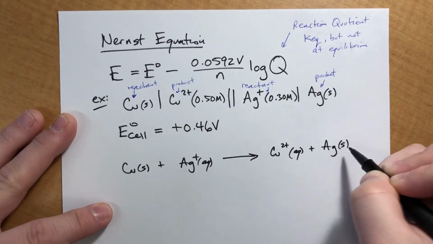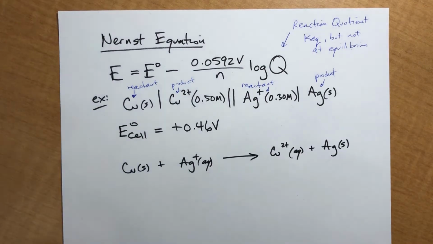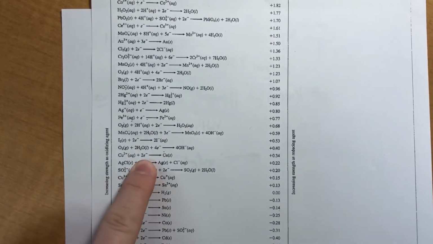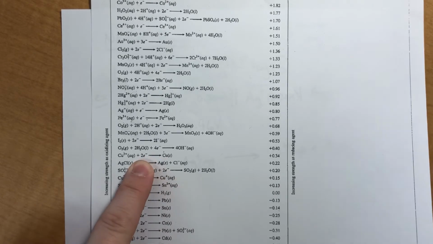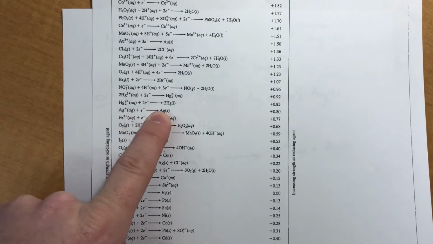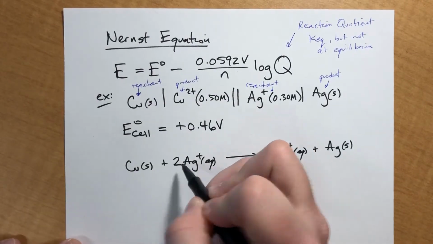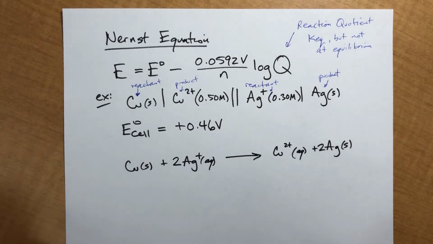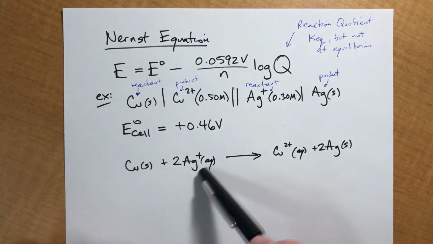silver solid. If we look at the two half reactions of this, we said that copper to copper 2 plus has 2 electrons, and silver to silver plus only has 1 electron. So this reaction would need to be doubled to make them both 2. So we're going to double it to make the electrons cancel out, to make our n value come out to 2, which means these are products, these are reactants.